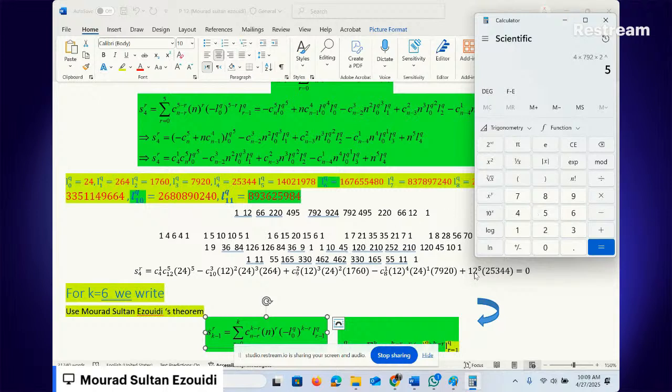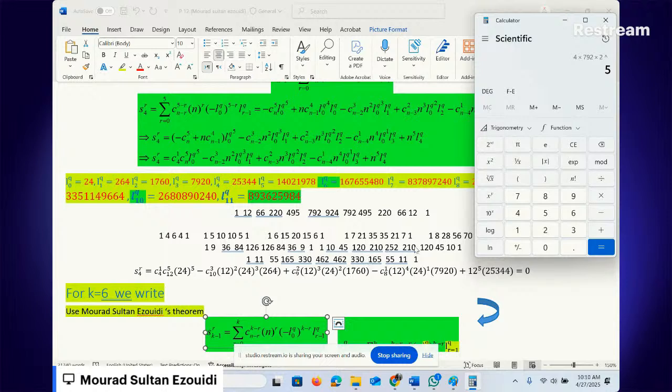Simply because 12 raised to the power 5 is a common factor. You see this 12 raised to the power 4 times 24. You can write 24 as 2 times 12, so 12 times 12 raised to the power 4 is 12 raised to the power 5. Also here, 24 squared is 2 squared times 12 squared, and here 12 cubed times 12 squared is 12 raised to the power 5. So we can note that 12 raised to the power 5 is a common factor. Don't write it now.